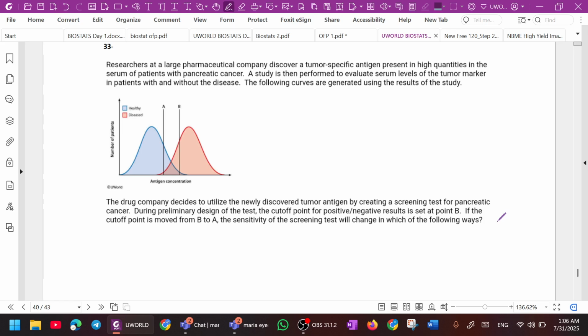Yes. So I write false negative. And then right here, false positive.